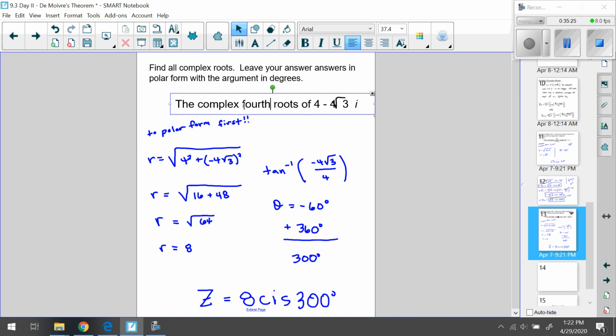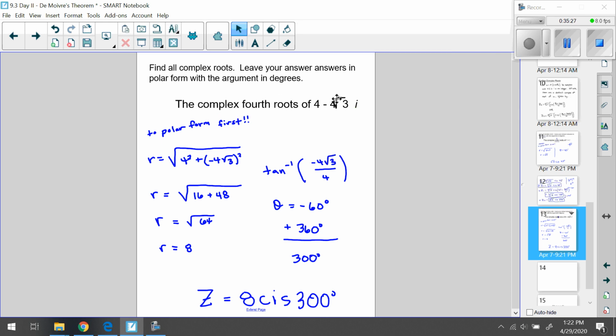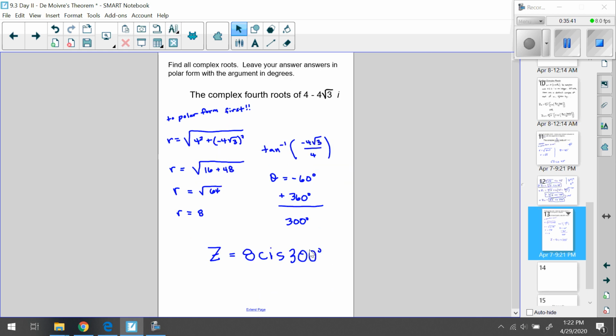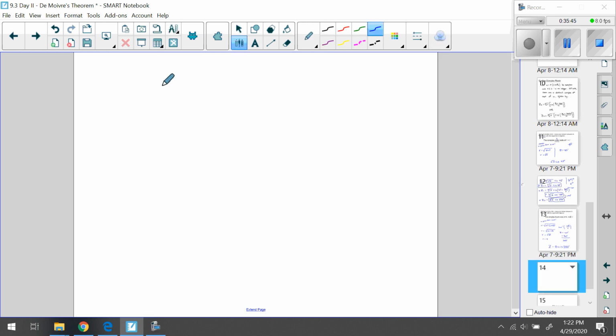That'll allow us to see an example with a different number for n. So let's take our polar coordinate that we just found. This time we're going to take the r value 8, and we're going to take the fourth root of that.